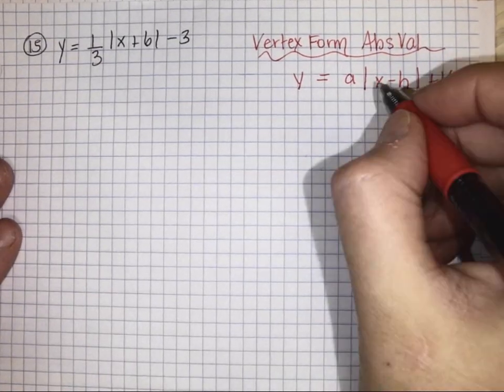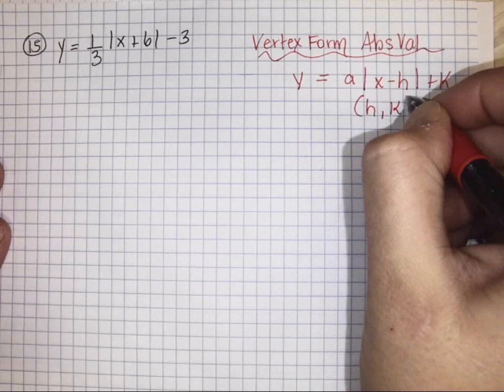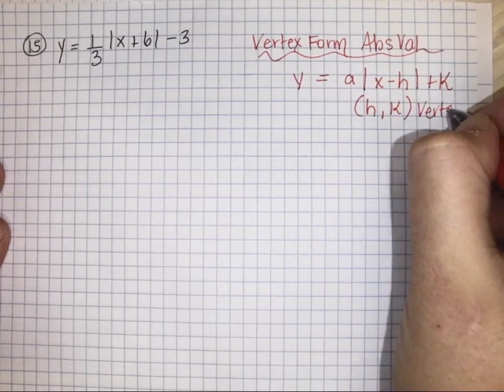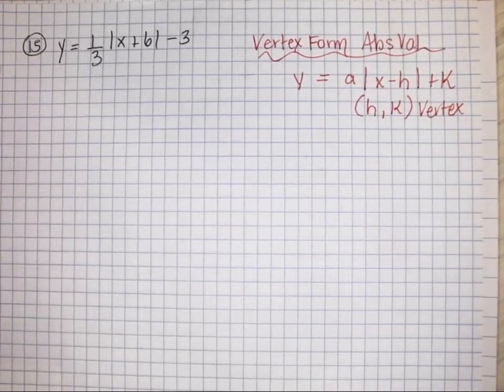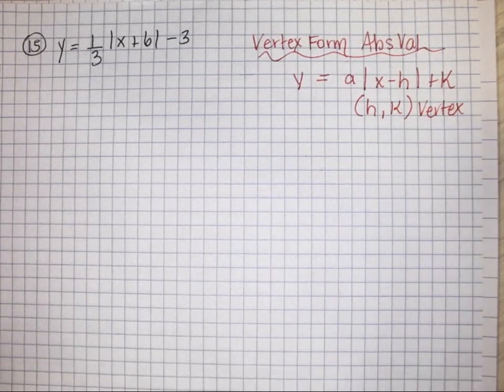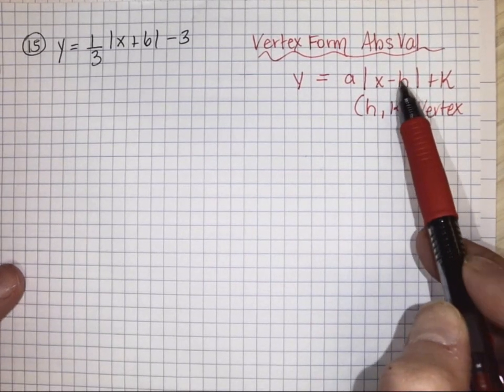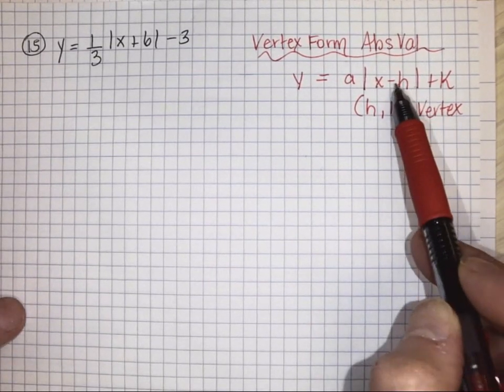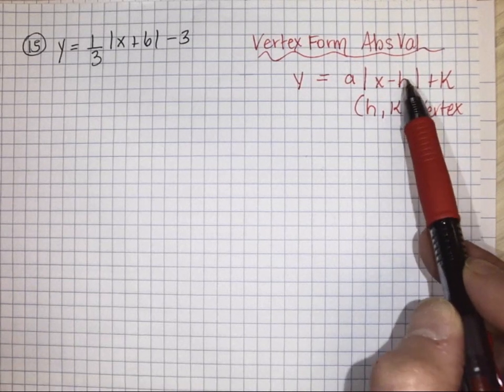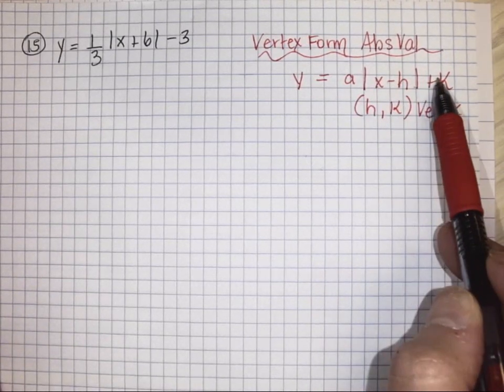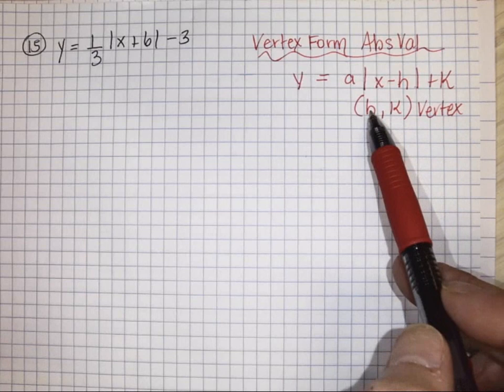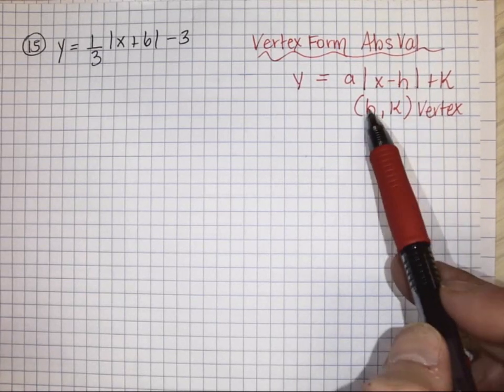And h and k is your vertex point. That's where the absolute value graph comes to a V point. Notice that it does the opposite of h. I have a minus h in my formula, but in my vertex, I only have h. So you always do the opposite of h.